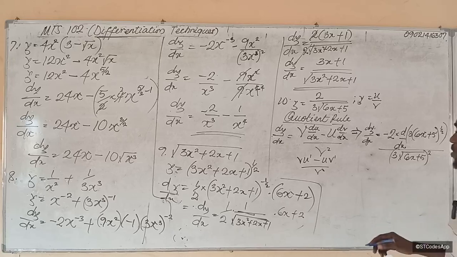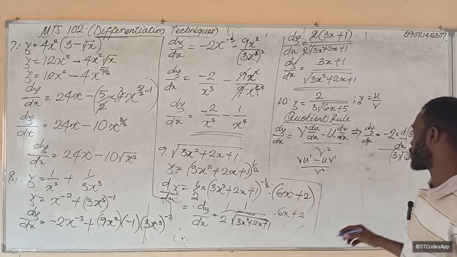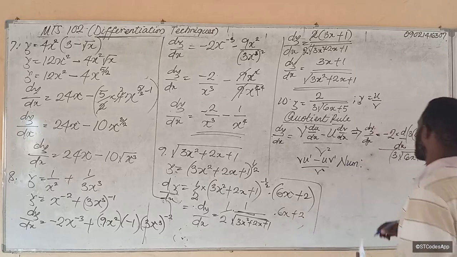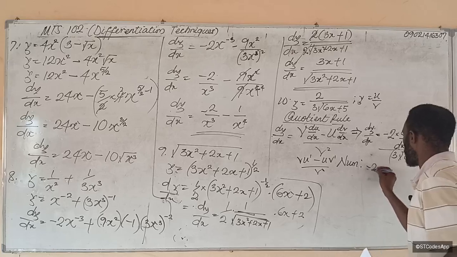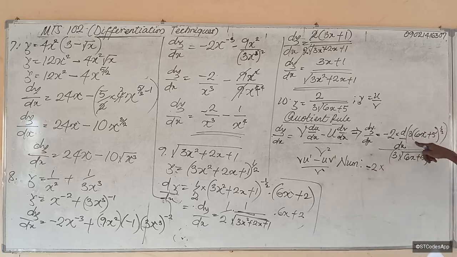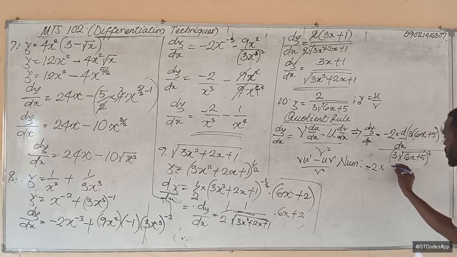So let me take the numerator first. That's how I like to do my work. I want to make it simpler by taking the numerator alone. So the numerator I will have minus 2, then multiplied by, so let me differentiate this. How do we do that? We can differentiate the inside function first. The derivative of the inner function will be what? 6, okay?